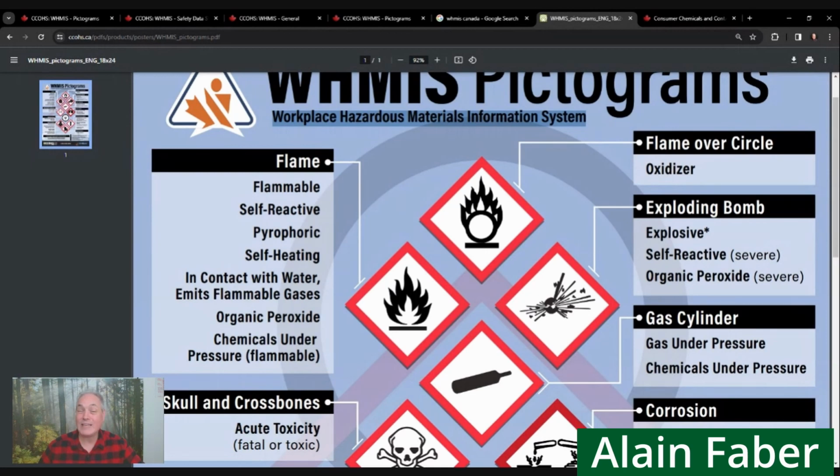So sometimes if we heat up some of these materials, they can turn into flame, so you have to be careful. In contact with water, emits flammable gases. So here, if it creates flammable gases and also some heat, that can create some flames. Organic peroxide, and chemicals under pressure. Very nice.